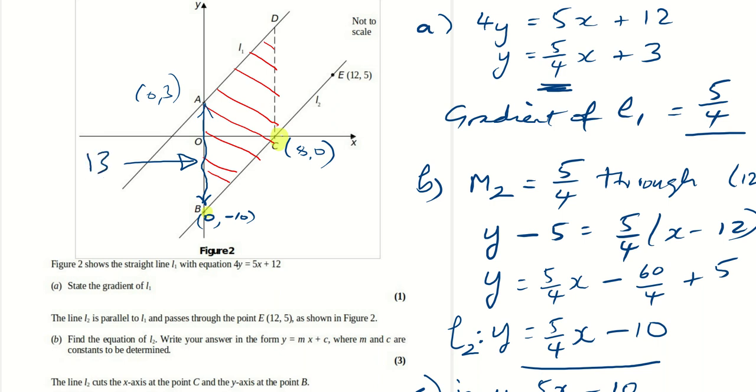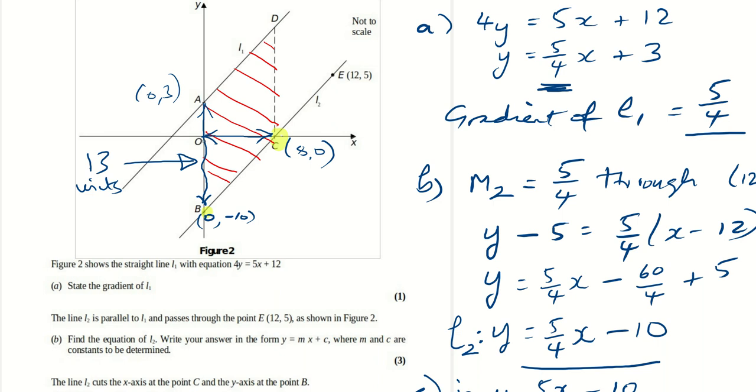So that's going to have a length of 13 units. And to find the area of the parallelogram, what we have to do is multiply the base by the perpendicular height. Now the perpendicular height is just the length from the origin to C.